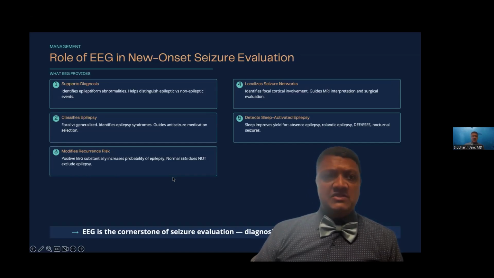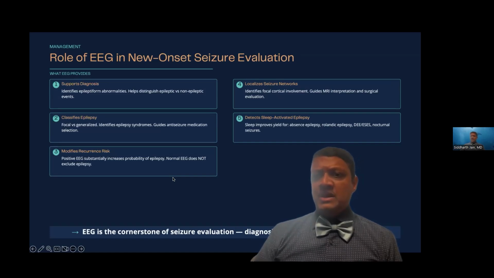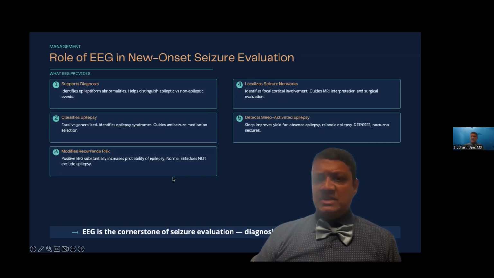Firstly, it supports the diagnosis, and it can help classify the seizures as focal versus generalized. It can assess to some extent the recurrence risk and severity of syndromes, depending upon how significantly and how frequently we see the abnormalities on the EEG.